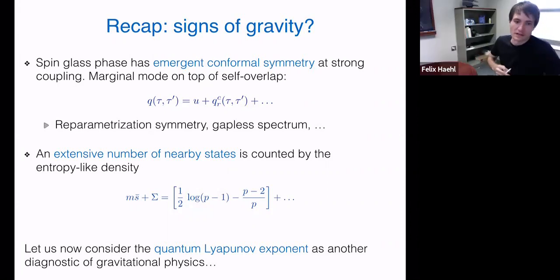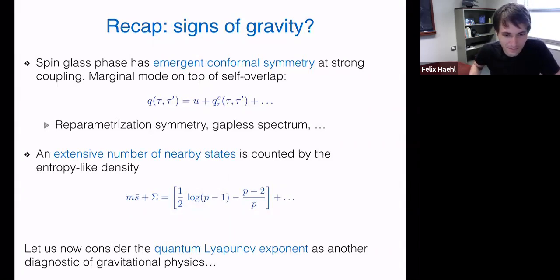Yeah, there are other methods to do these things. The replica trick is not the only way you can compute these quantities, but it's the one I'm focusing on here, because you might think that it has some meaning in gravity, or that you perhaps know something about how to do that in gravity.